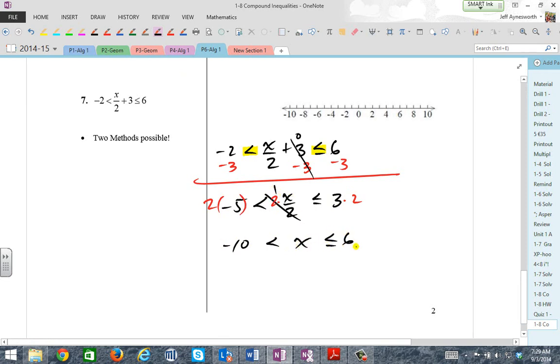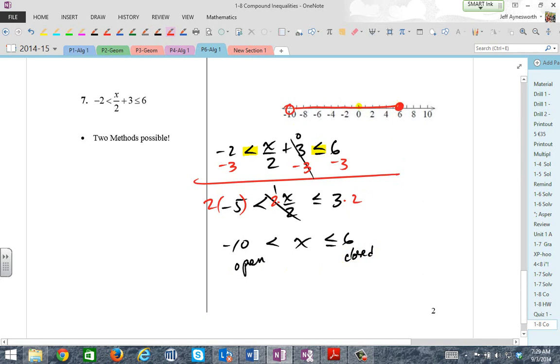Okay. So right here I see a strictly less than, so it's going to be open here at -10. I see right here the less than or equal to, so I know it's going to be closed here at 6. So I go up to the graph and I find -10, I go open here, I go closed at 6, and I know it's all points in between because I understand this now. And so this is my solution set.